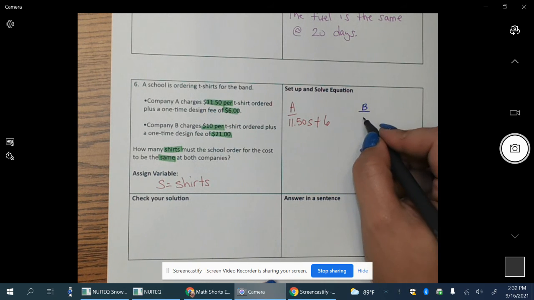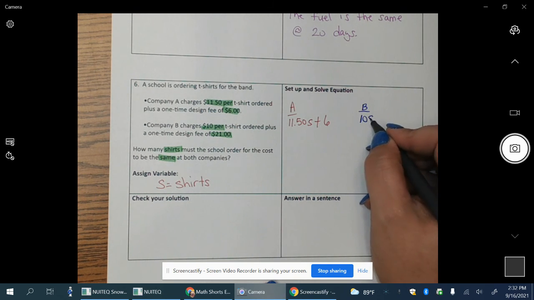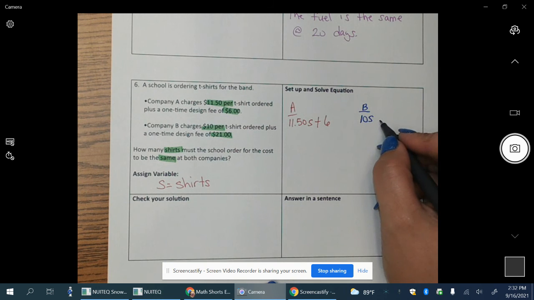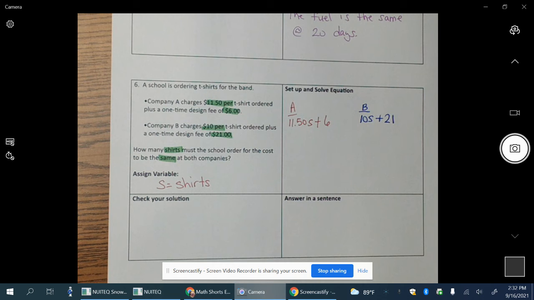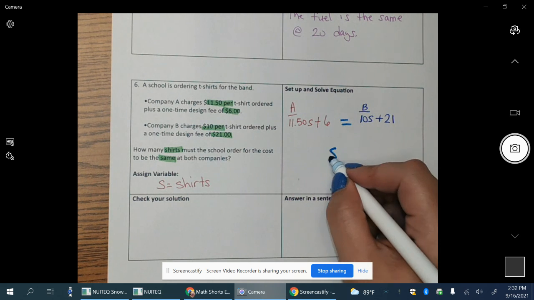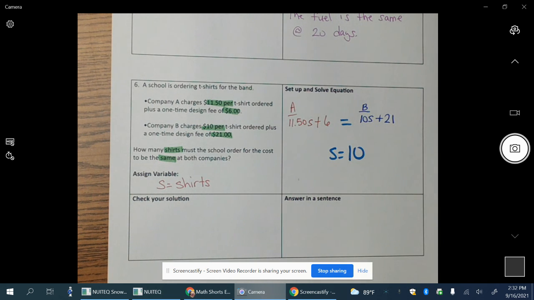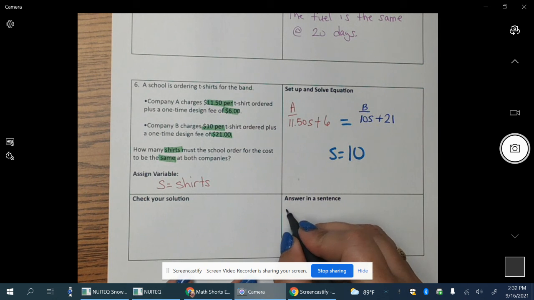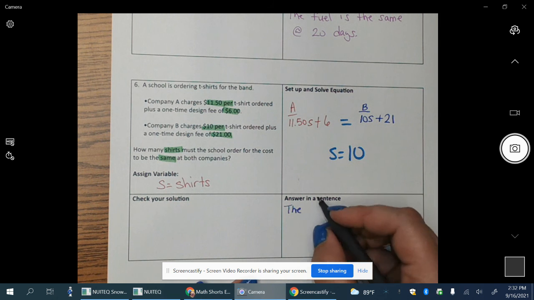What is it? 10S. And what else do they do? Plus 21. And what do I want them to be? Equal. I want them to be the same. Okay? When you solve it, S is equal to 10, which really means what? The shirts are the same price if you order 10.